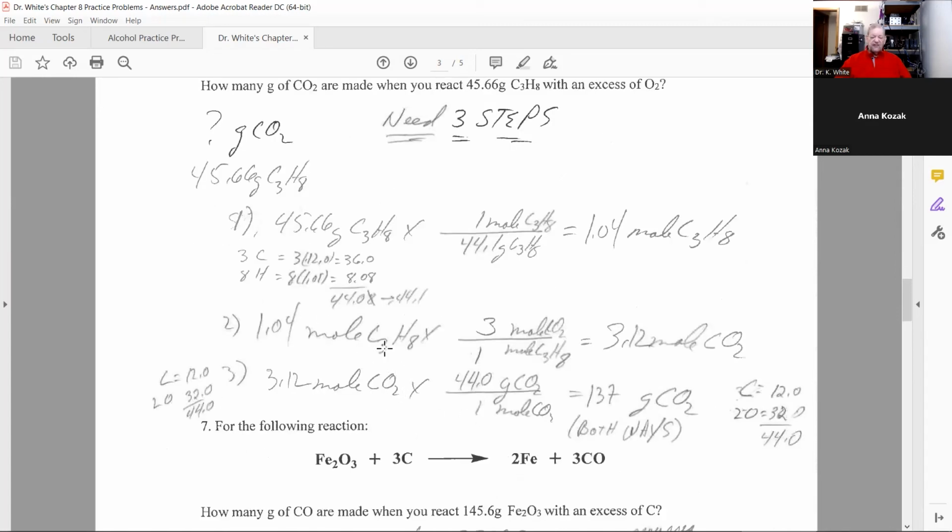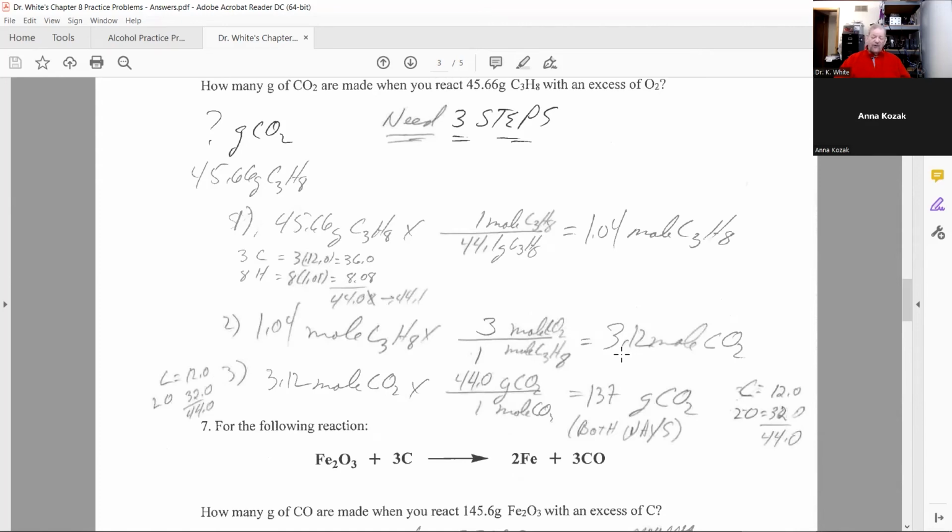Notice moles of C3H8 divided by moles of C3H8 cancel out, and we're left with moles of CO2, which we want. 3 and 1 are exact numbers. The 1.04 is 3 significant, and my answer is 3 significant numbers.